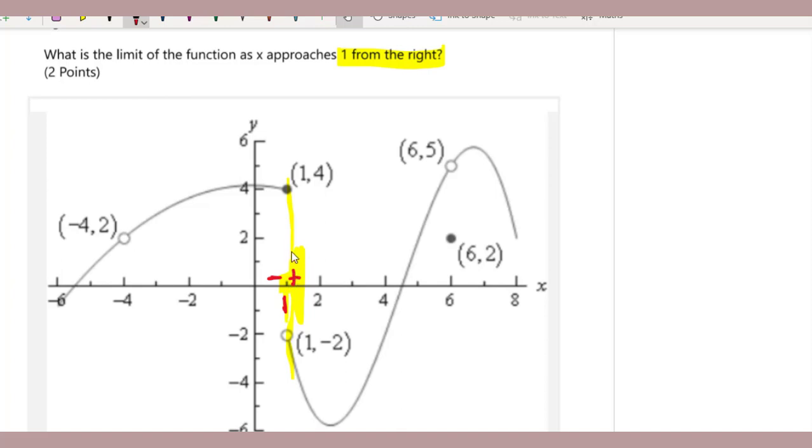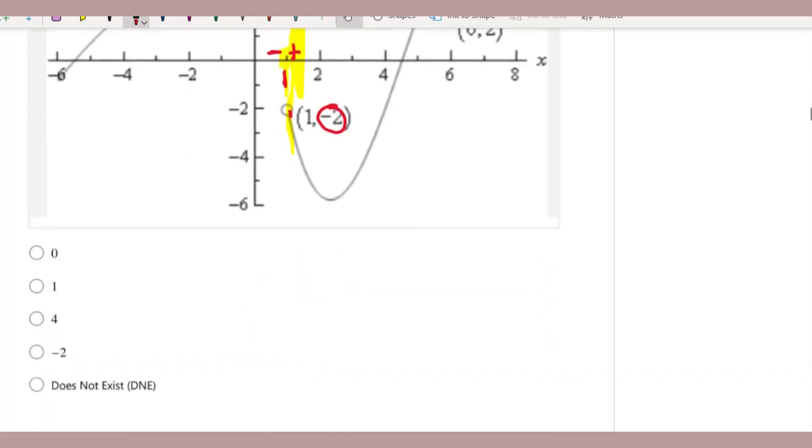So on the right there is no graph here, so we turn down. This is the graph here. So when x approaches 1 from the right, the graph approaches negative 2. So the answer is negative 2.